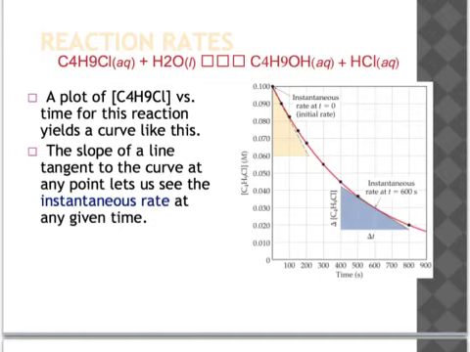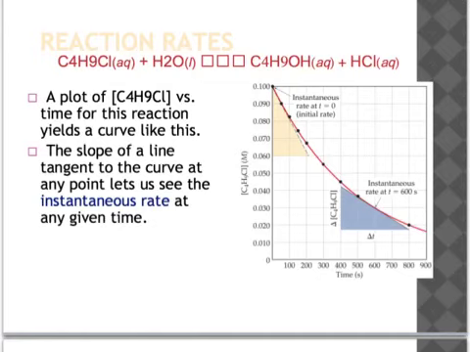Now, if we were to plot the concentration of the butyl chloride versus time, we would get a curve that looks like this. Starting at time equals 0, we're starting with our full concentration of butyl chloride, and as time progresses, the concentration decreases. As the reaction progresses, the concentration of the reactants is going to decrease and the concentration of the products is going to increase.